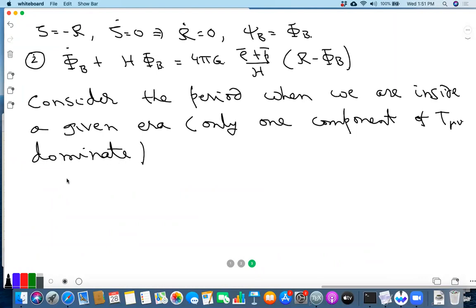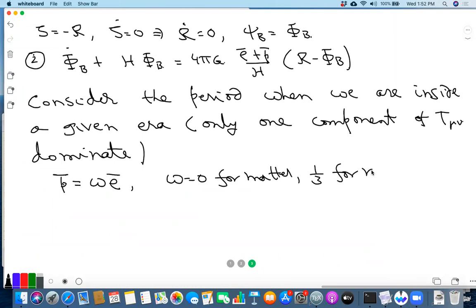In this case, we can write the equation of state as p bar equal to w rho bar, where w, for example, is 0 for matter, 1/3 for radiation, and -1 for cosmological constant.